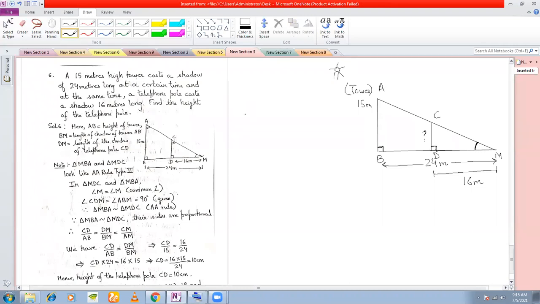Okay, so let's prove similarity in triangle CDM and triangle ABM. Angle M is equal to angle M, common angle.